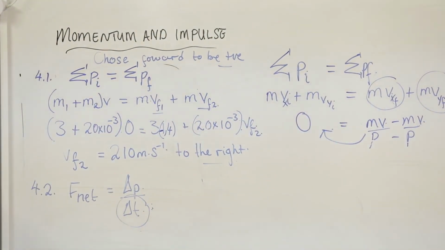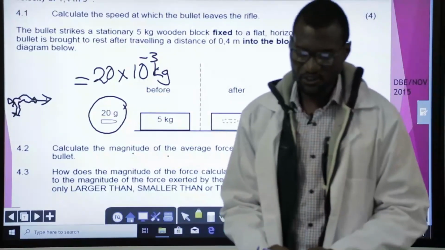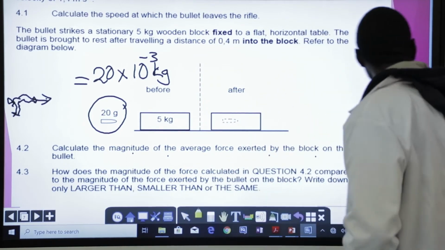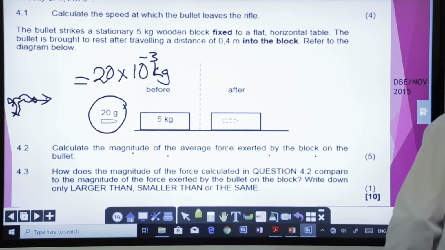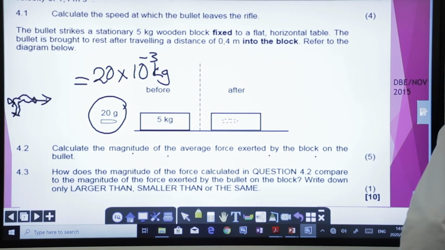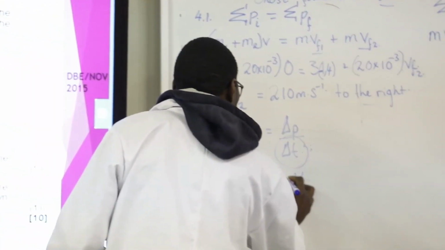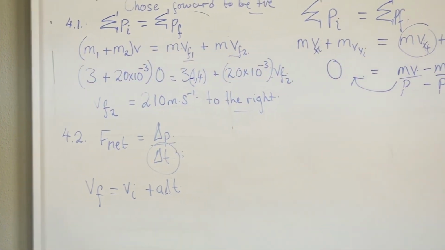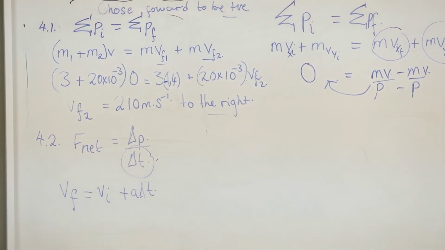According to the equations of motion, we know that we can calculate time by using V final is equal to V initial plus acceleration times change in t, right?